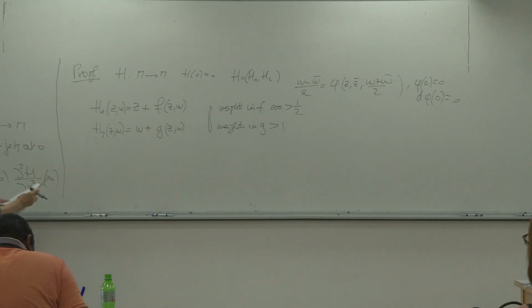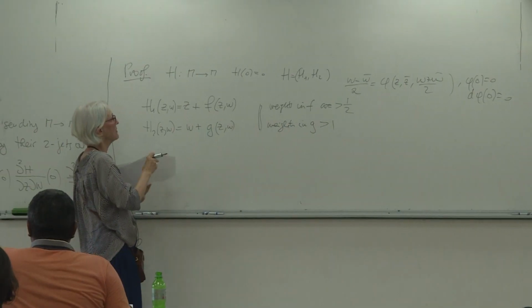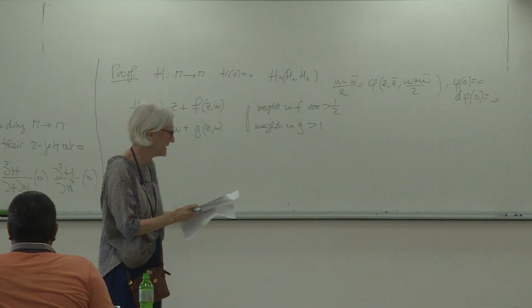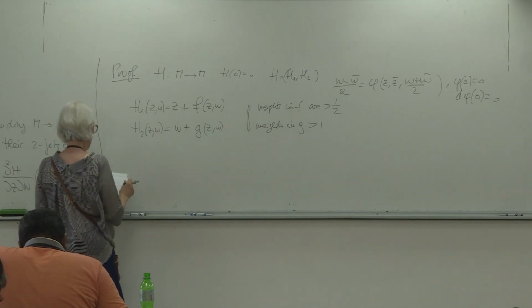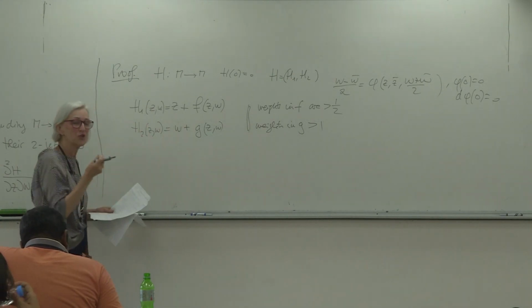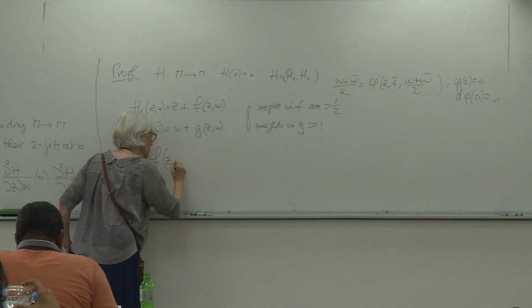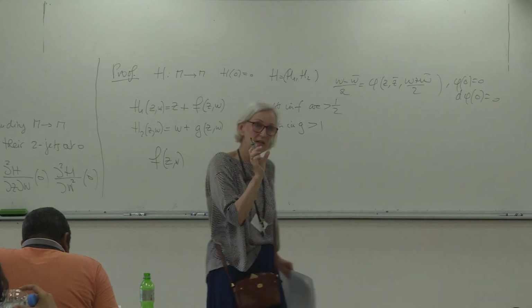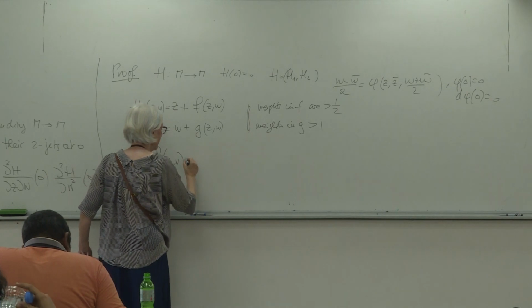And now what do we do? You use the equation. There will be a basic equation because M goes to M. So what does it mean that M goes to M? Just to reflect the weight, F of Z, W, I will decompose into weighted components, with respect to Z having weight 1/2 and W weight 1.